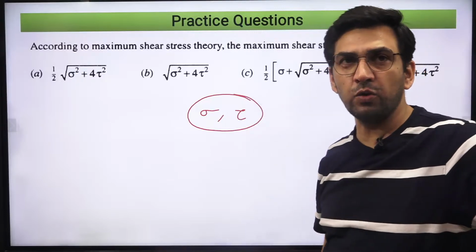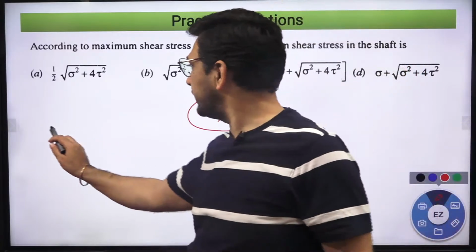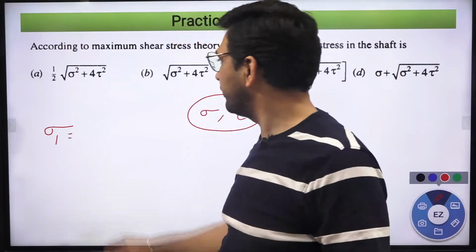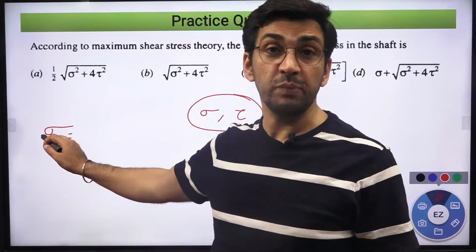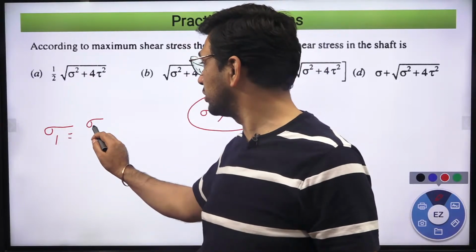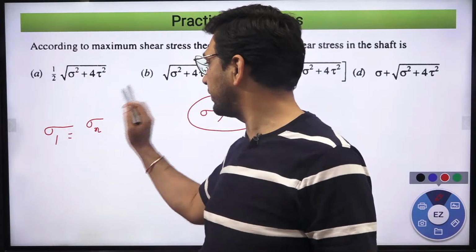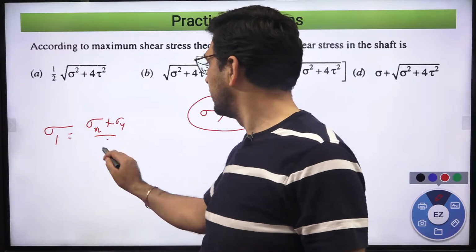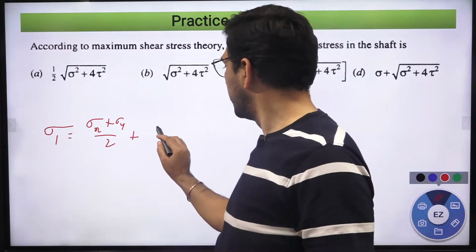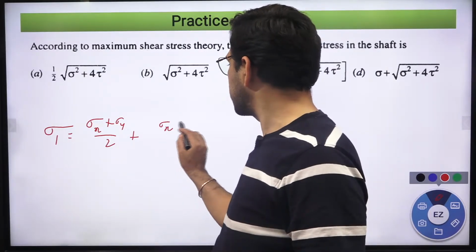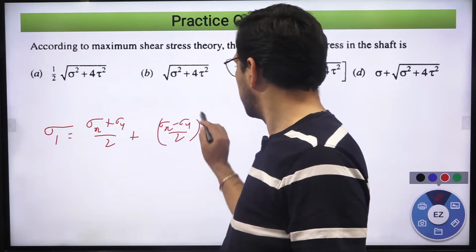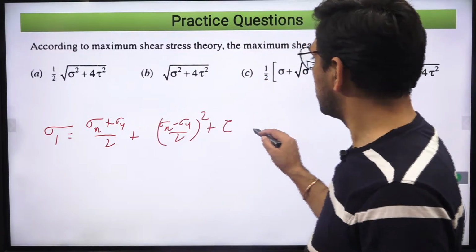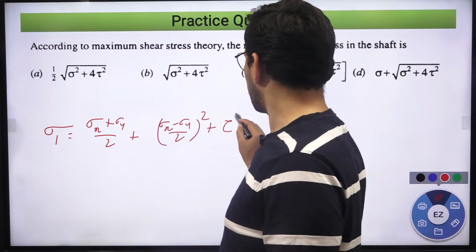So when you have a complex loading case, how do you give the value of this normal stress? You give the value of the principal stress. You have already studied this in SOM also. Like for example, with two values sigma x and sigma y, it is sigma x plus sigma y by 2 plus the square root of (sigma x minus sigma y by 2) square plus tau square, right?